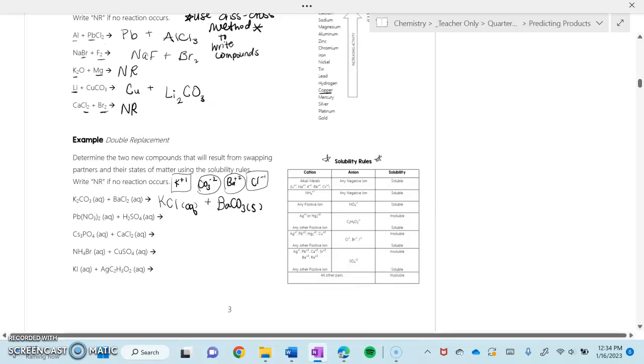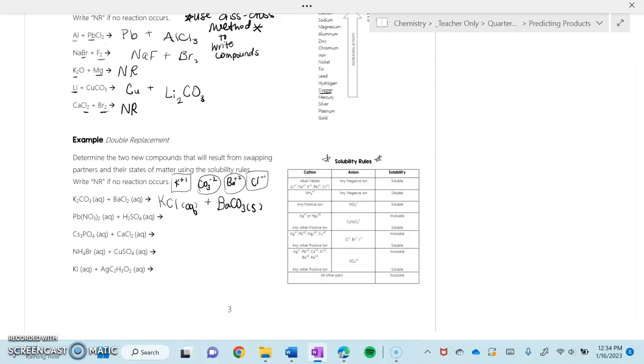Okay, so we've got lead nitrate and hydrogen sulfate. And again, think about the ions and then make the swap. I'm going to write them here at the top and just swap these out here.